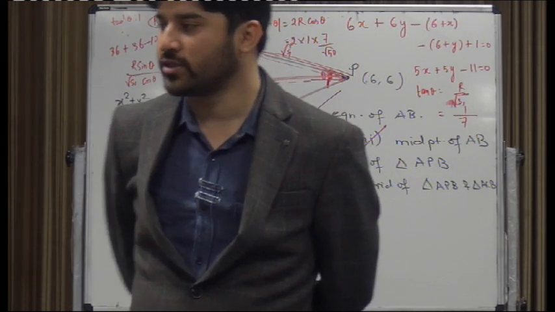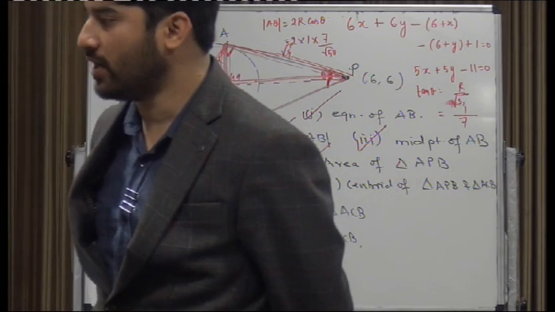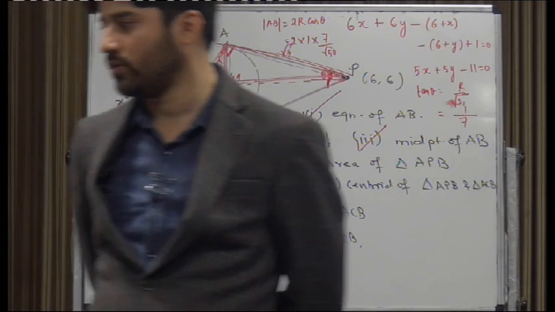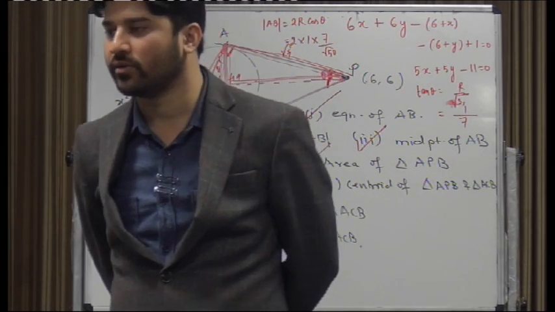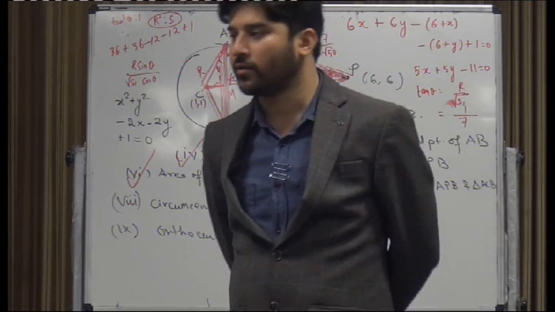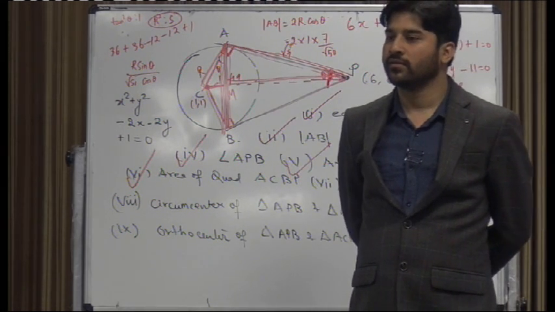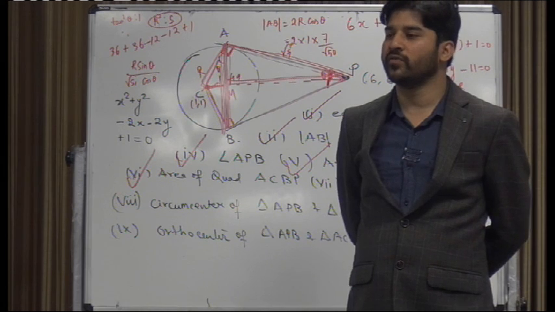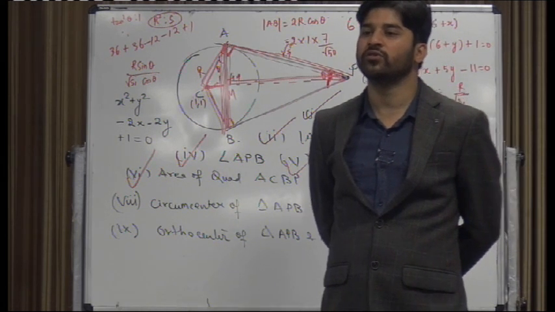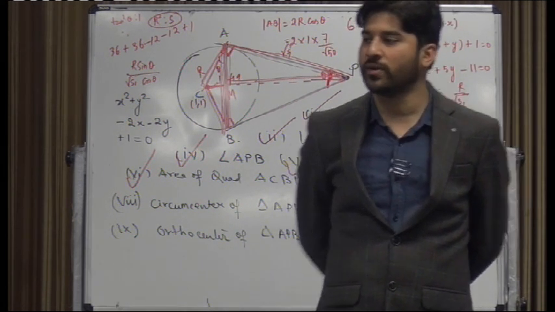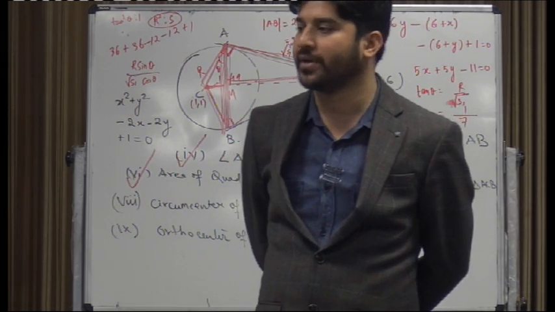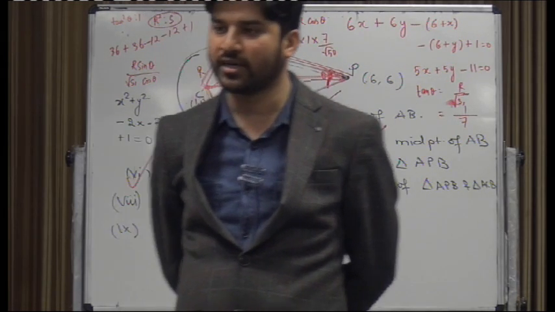I don't know what P, A and B are, and I don't think I have to find them. But yes, I can find them, though it is not required right now. You know how to find the point of contact, simply by the equation of tangent, comparing with T equal to 0, taking that as h comma k and just writing the equation and comparing, you will find your h comma k. We have already discussed that part.